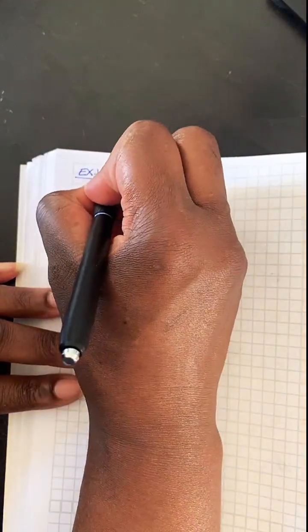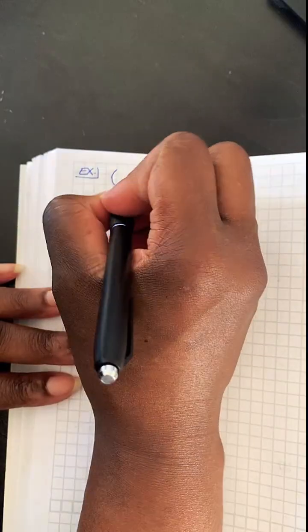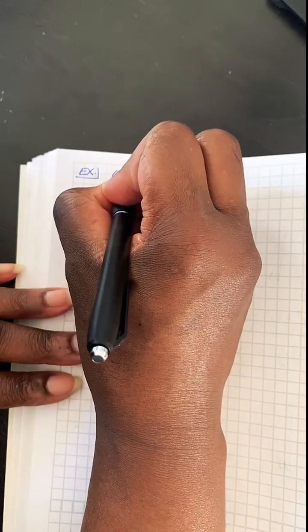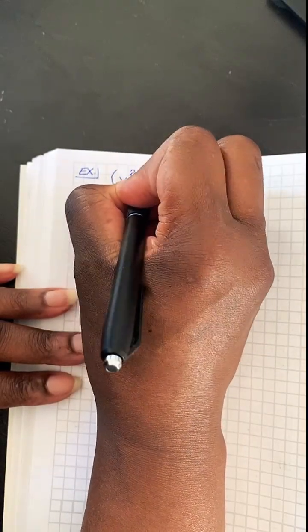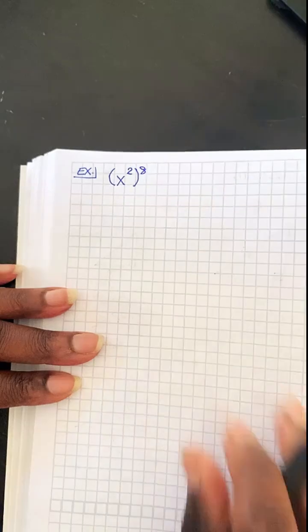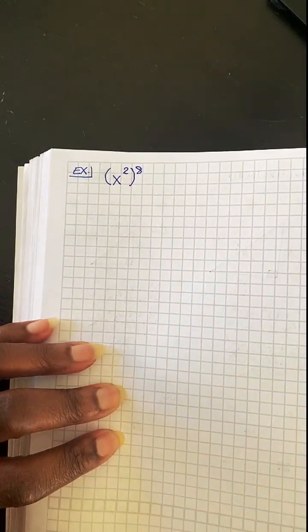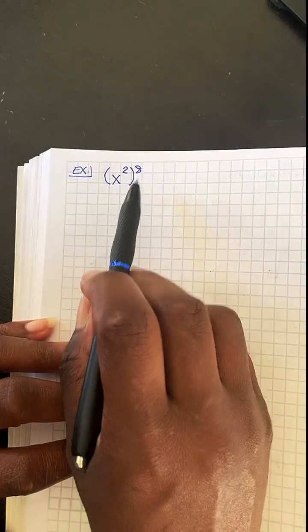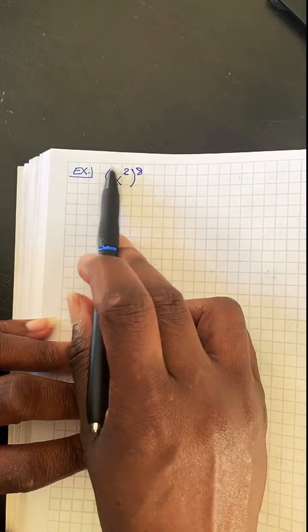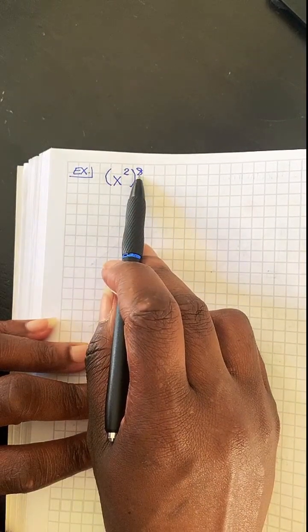So now we're doing a power to a power. If I look at this, I have x squared raised to a power of 8. We're saying that our base here is being multiplied by itself 8 times.